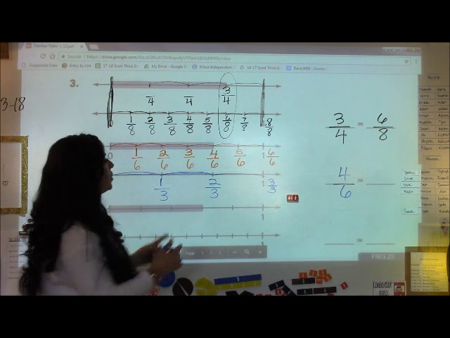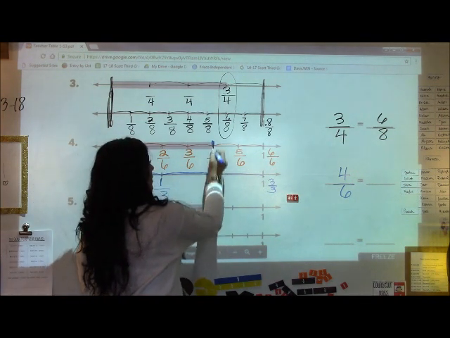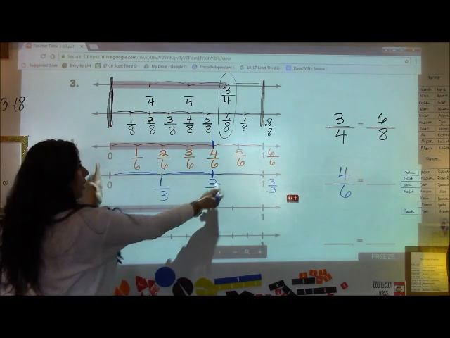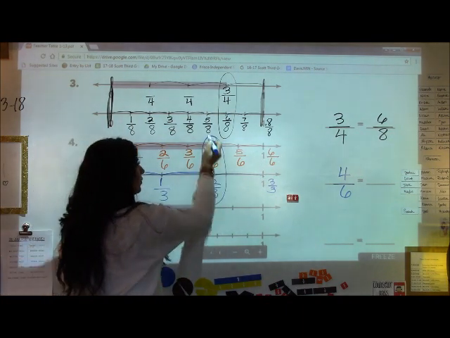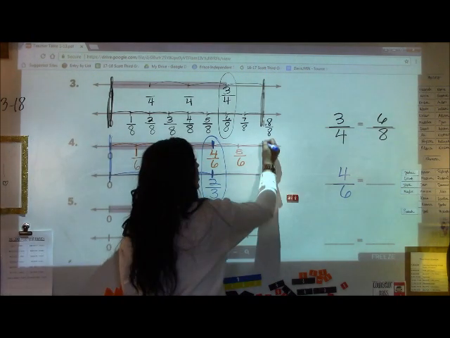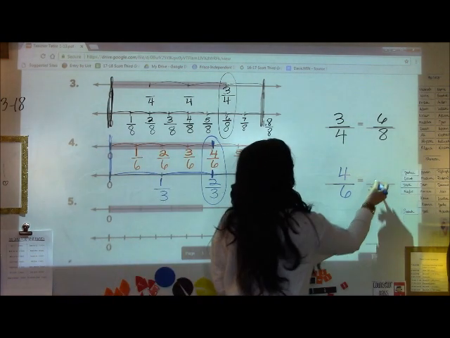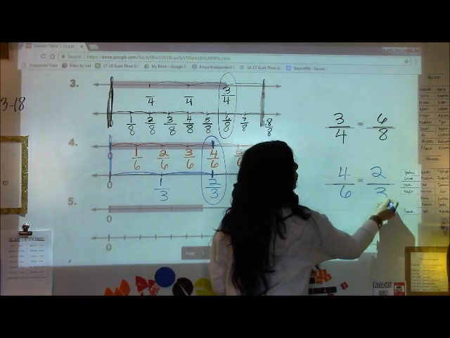Yes. These marks are hitting at the exact same distance from 0, so they are equivalent. Remember, again, your zeros have to align and your ones have to align when you're using number lines to find equivalent fractions. So 4/6 is equivalent to 2/3.